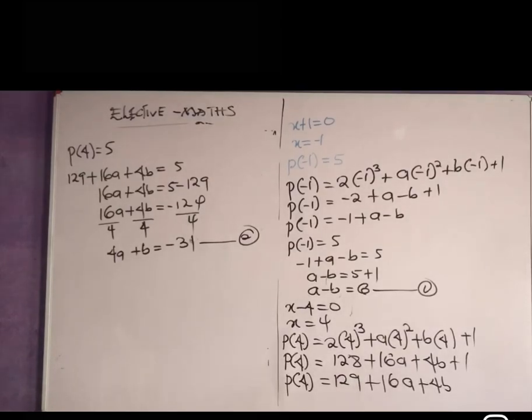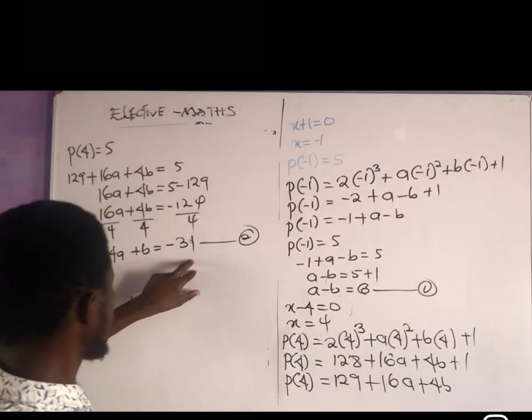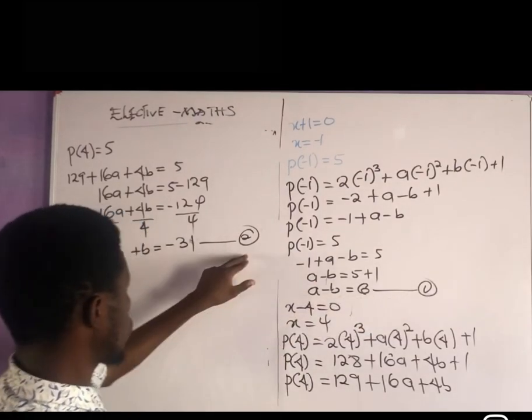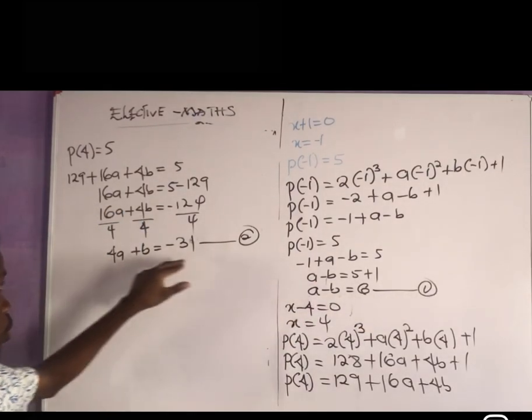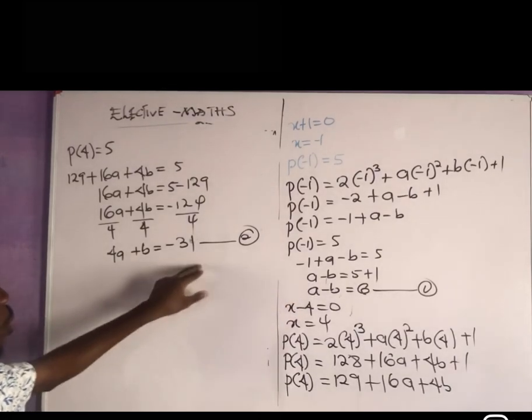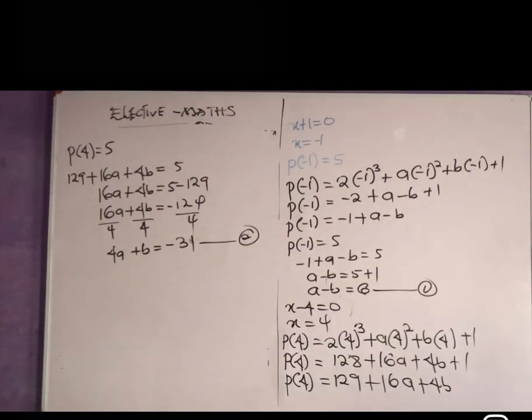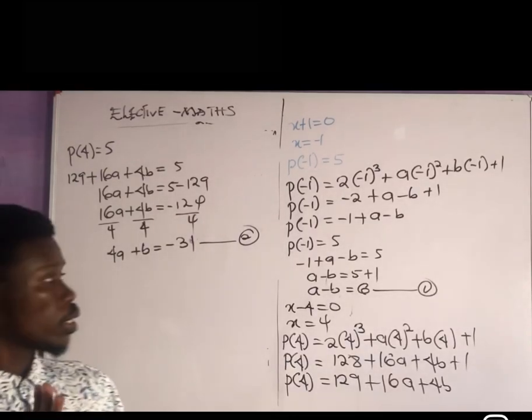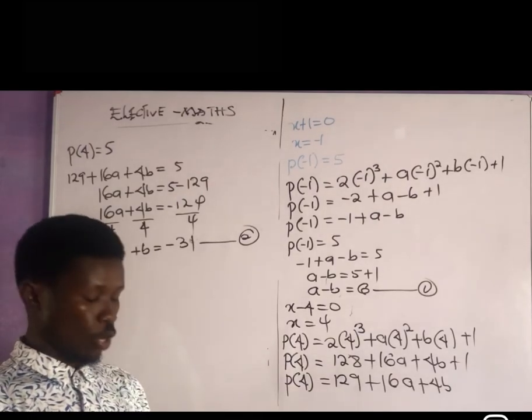Alright. So now we have equation 1, then we have equation 2. So this one, we have two variables, we have to solve it simultaneously. So from this point, we know that we have about 3 methods of solving simultaneous equation.